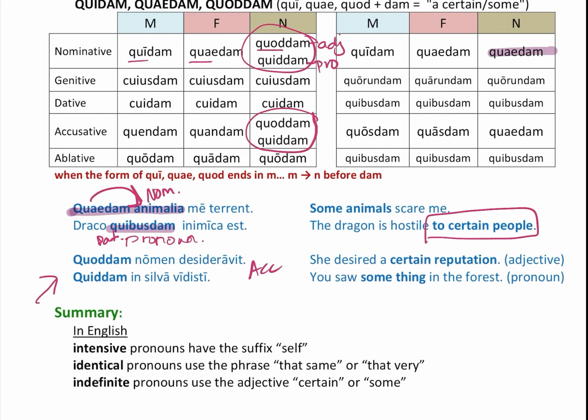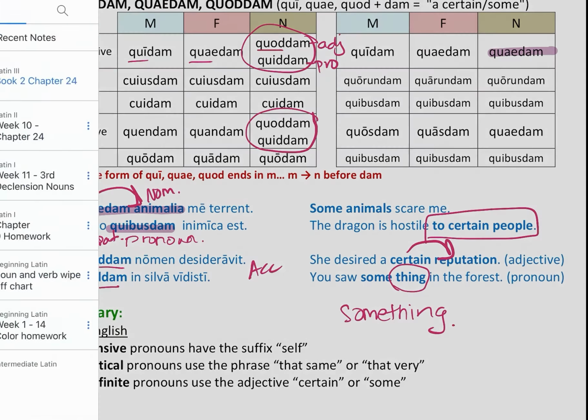Quoddam nōmen dēsīderāvit. She desired a certain reputation. What kind of reputation? A certain reputation. So it's an adjective. Remember, what kind, which one, how many. And the second one is acting as a pronoun. Quiddam in silvā vīdistī. You saw something in the forest. Thing is the pronoun that it's acting as. This is not the same as you saw something. I am saying you saw some particular thing in the forest. So there it's acting as a pronoun, so you have to have quiddam instead of quoddam.